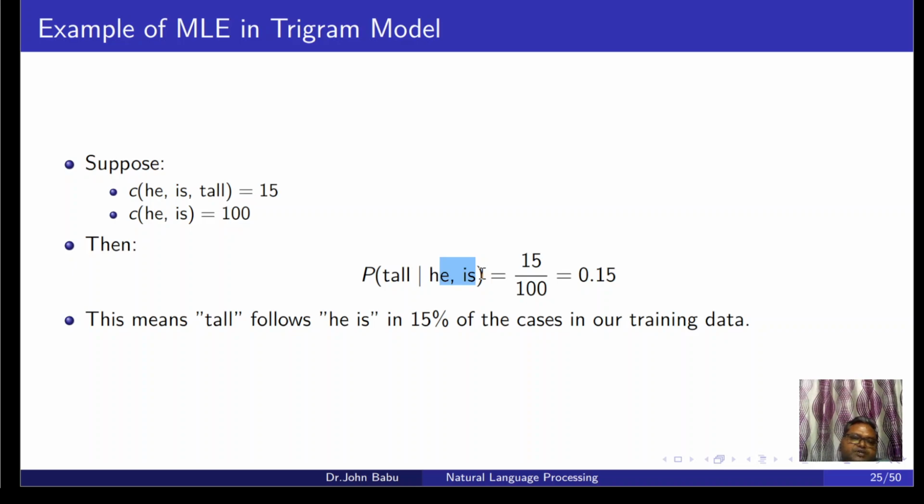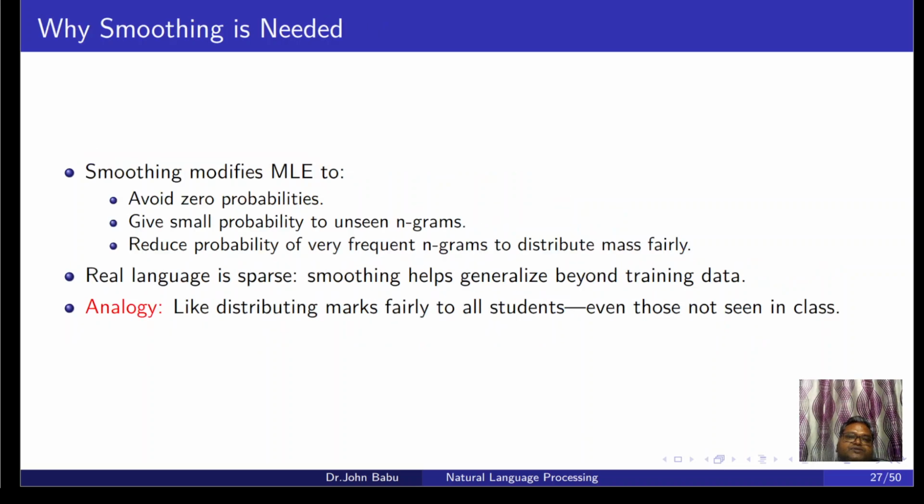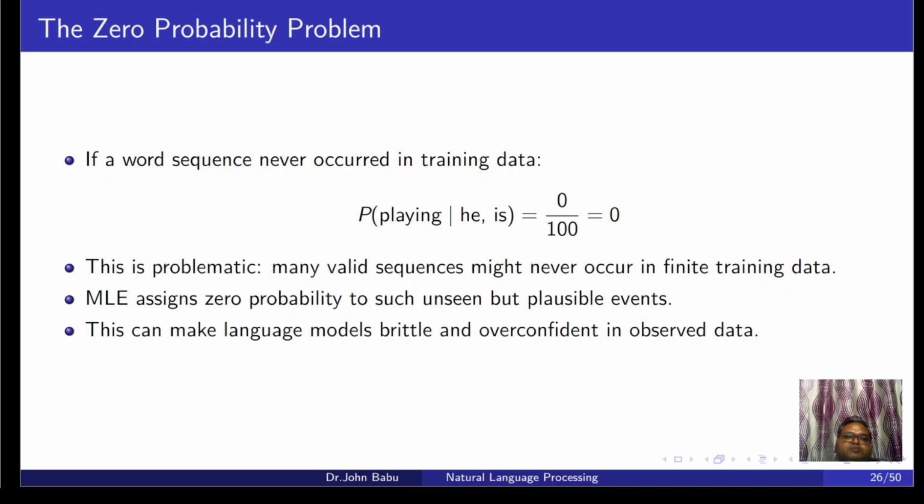Because it is not present in the training data, I cannot proceed with 0 probability. I need to assign some minimal probability even if that trigram is not in the training data. That assignment of non-zero probabilities is known as smoothing.